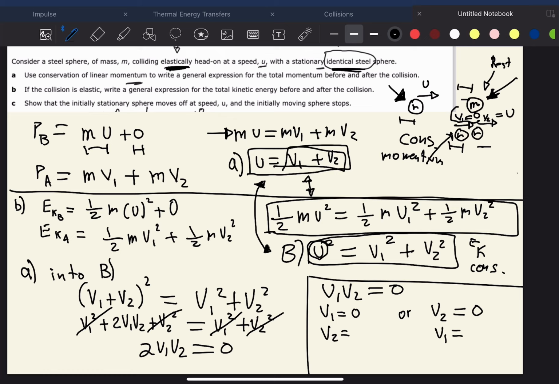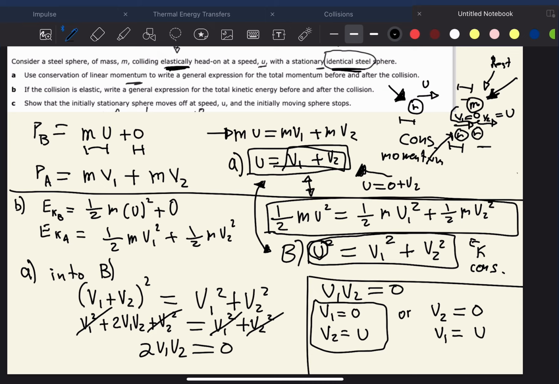So from A, if the final velocity of the first object is 0, then the second velocity has to be u. And the same here. So there are two possibilities, and the one that I'm going to take is this one: the first object's final velocity is 0, so it stops, and the second one takes velocity u.